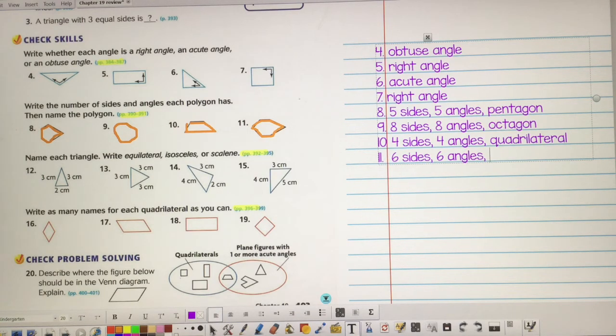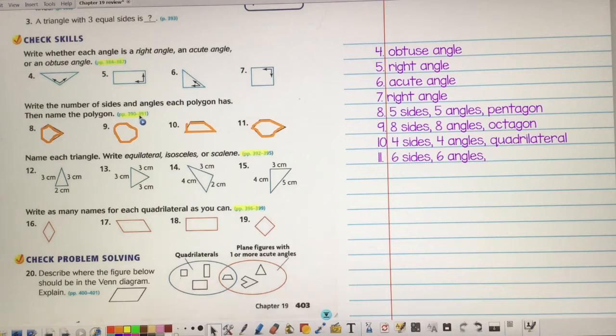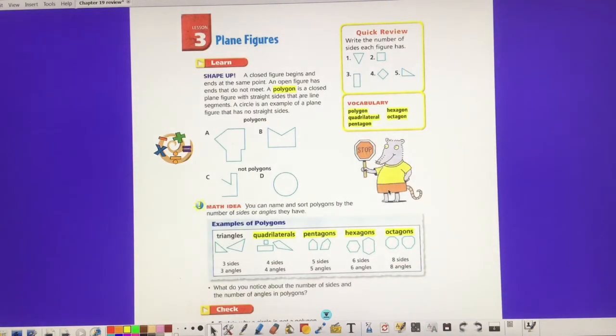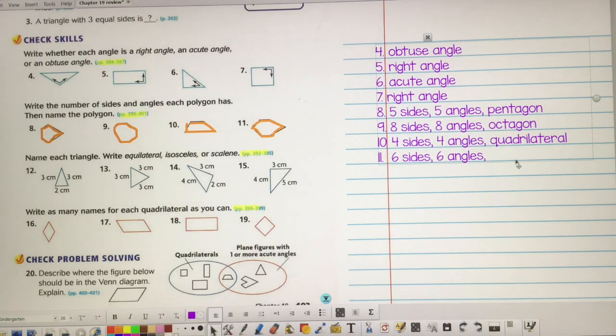Oh, 6 sides, 6 angles. Let's go back and look on page 390. 6 sides, 6 angles. Not a triangle, not a quadrilateral, not a pentagon, but a hexagon. It is a hexagon.